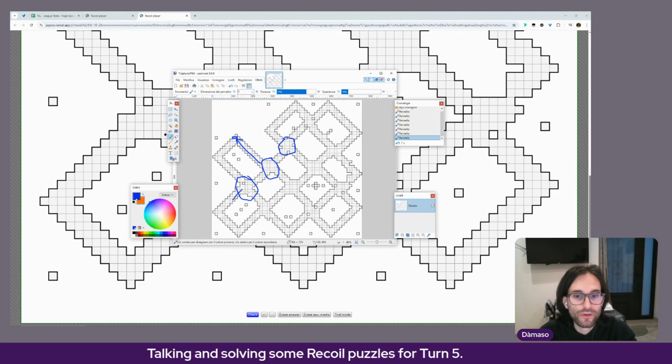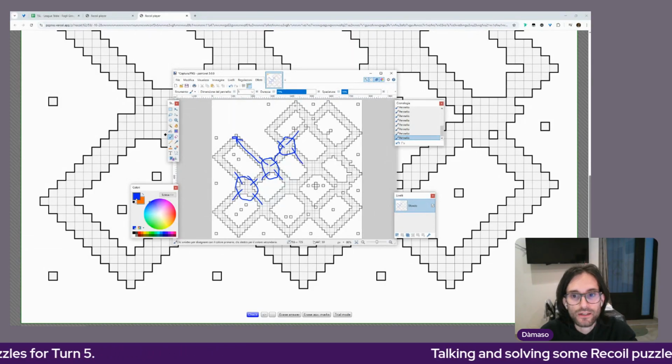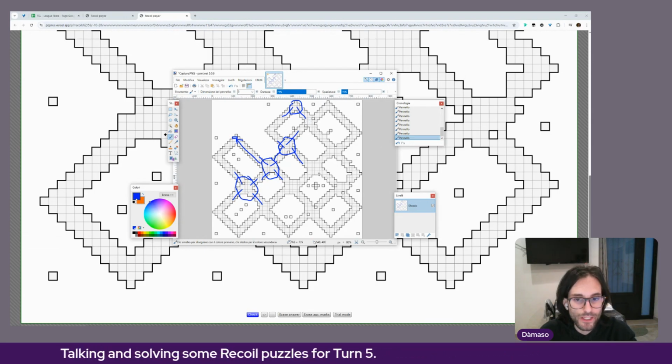Here you have 1, 2, 3, and 4 bridges. Here you have 1, 2, 3, and 4 bridges. Here you have 1, 2, 3, and 4 bridges. Here you have just 1 and 2, and this is just not a bridge; it's just connected. But you get the point, okay?